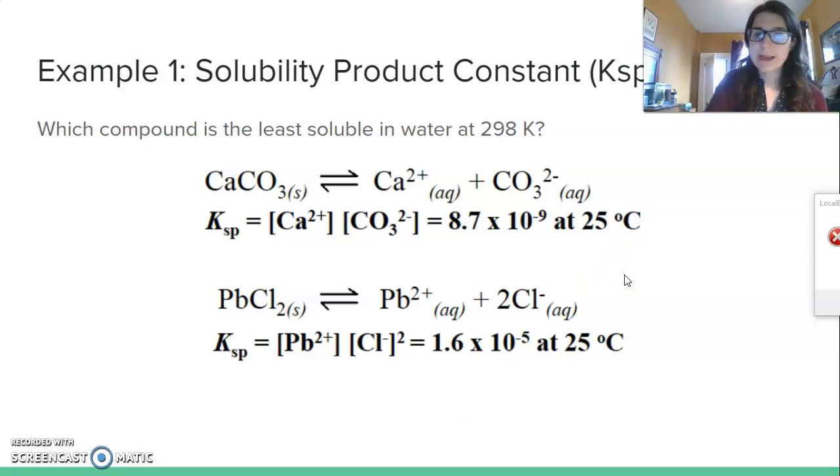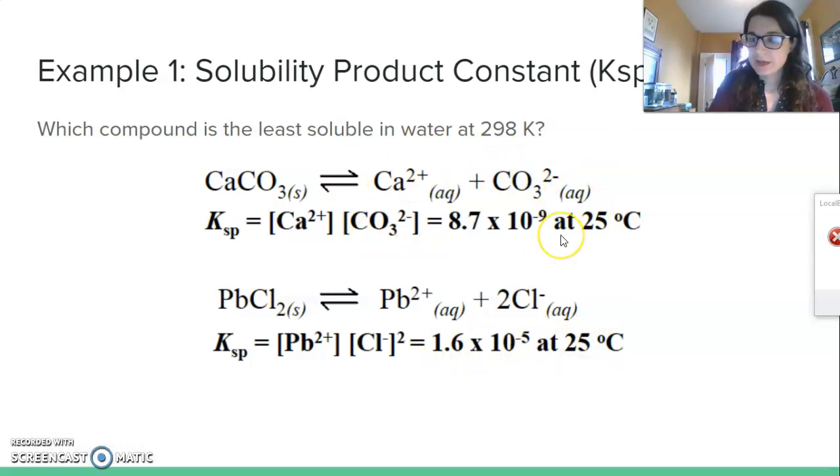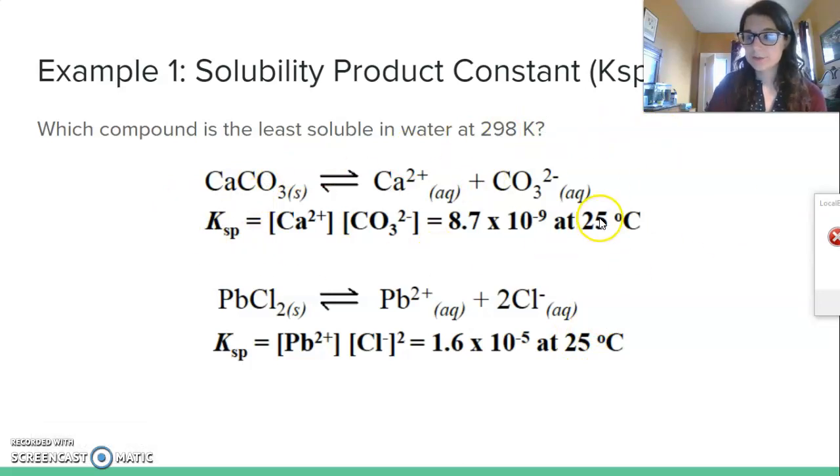The first thing I'm going to look at is the Ksp value. For calcium carbonate, it's 8.7 times 10 to the negative 9. For lead(II) chloride, 1.6 times 10 to the negative 5. The Ksp for calcium carbonate is smaller than the Ksp for lead(II) chloride. So based on Ksp values, that tells me that it is less soluble in water.